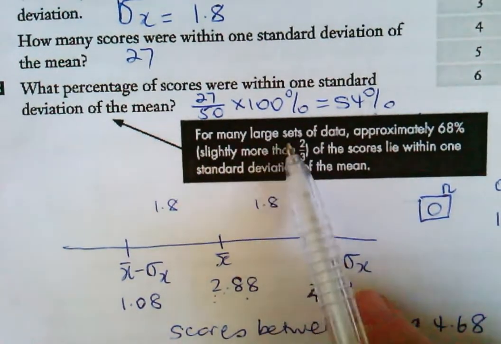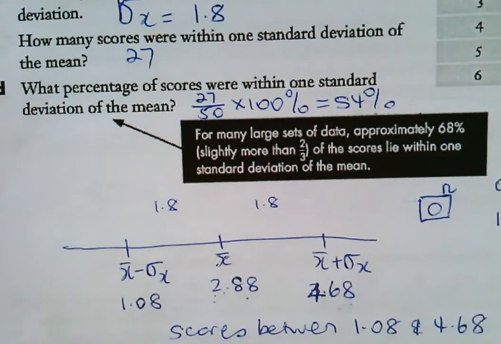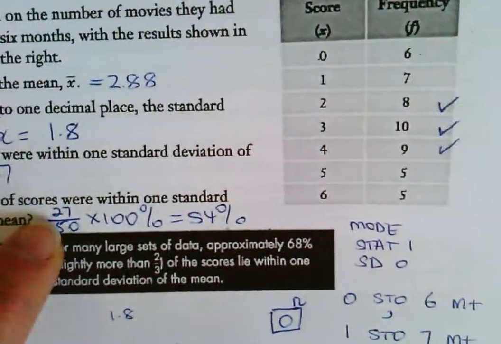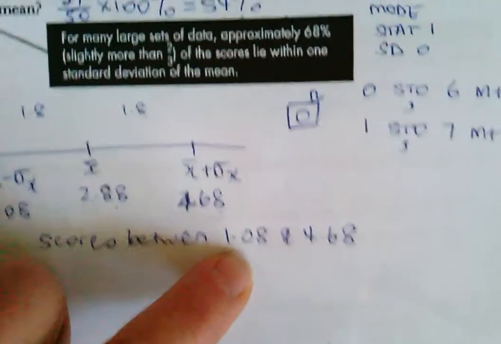Now, it says here for many large sets of data, approximately 68% of the scores, which is a little bit more than 2/3 of the scores, will be within one standard deviation of the mean. See this number 1 7 times? If I added that on, see 1.08, 1's very close to it. Can you see that? 1 is very close to 1.08.